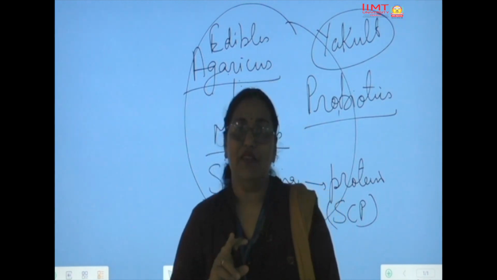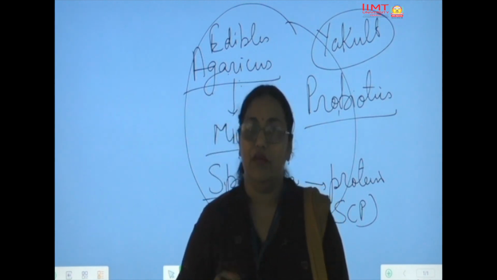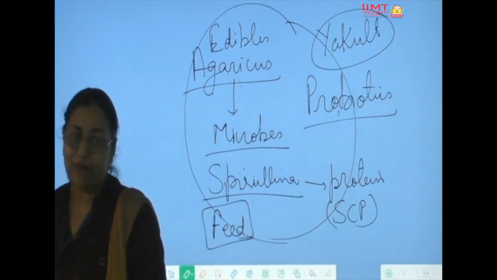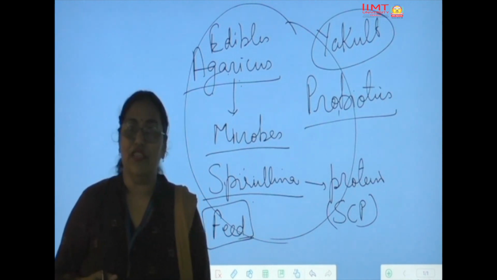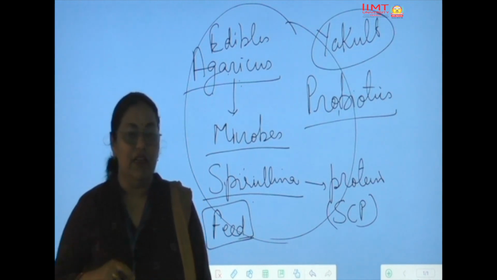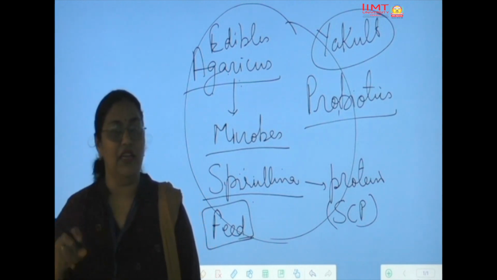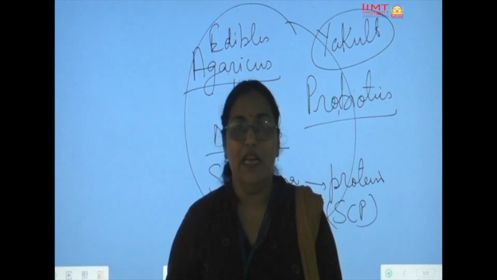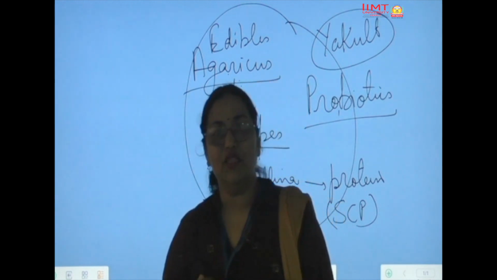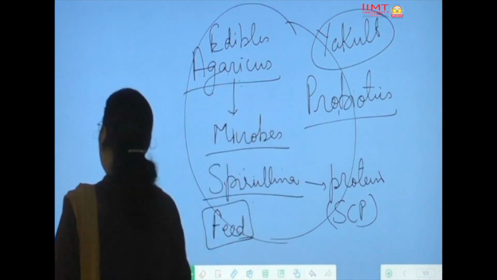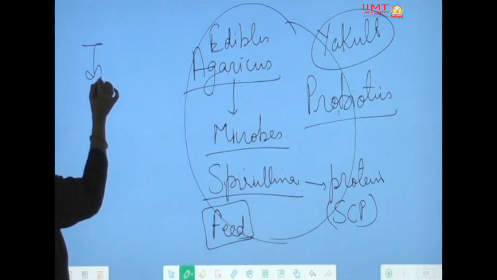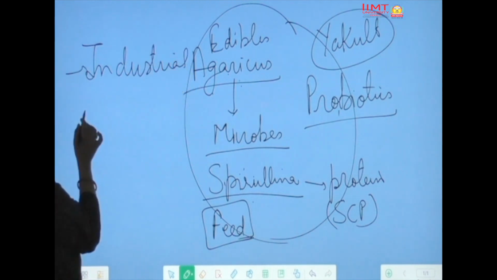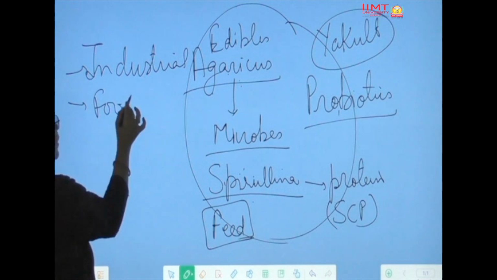So we have studied the application of microbes in our day-to-day life, and then we have seen how these microorganisms have application in the industrial aspect. We first studied different branches of microbiology wherein microbes are helpful for us, and then we studied two fields where microbes are very important: first, the industrial importance of microbes, and the importance of microbes in food and dairy.